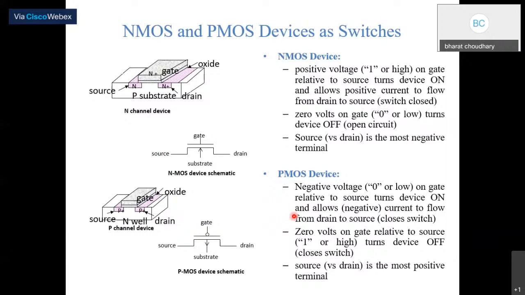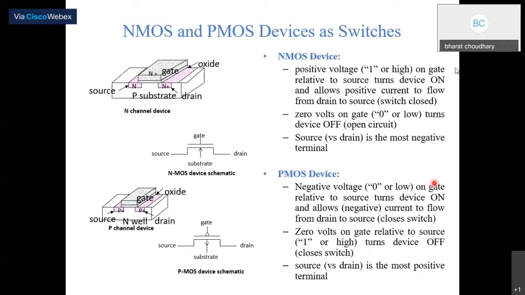Fundamentally, if we apply a positive voltage in the NMOS, meaning we apply a high gate potential relative to the source, that will turn the device on, whereas in the PMOS, applying a low gate voltage will allow the transistor to be on.